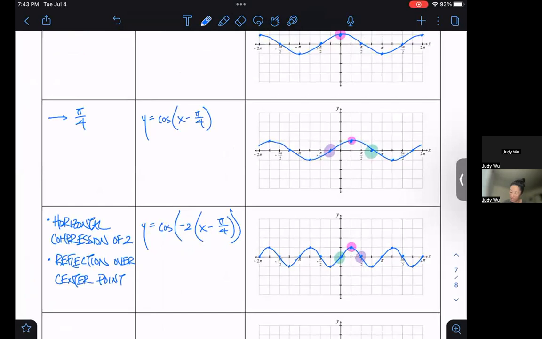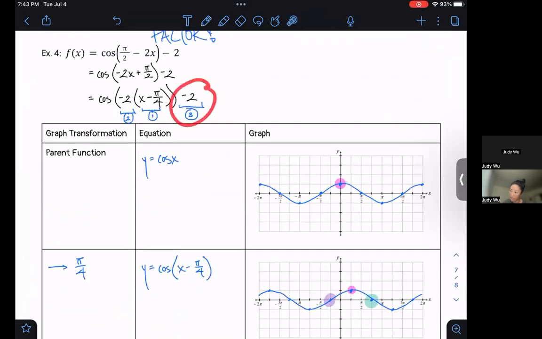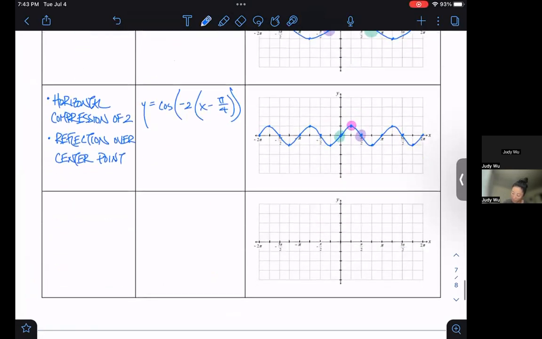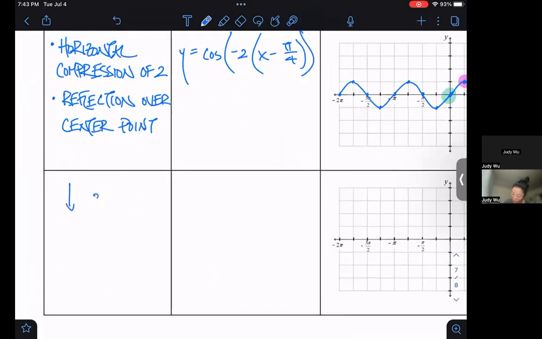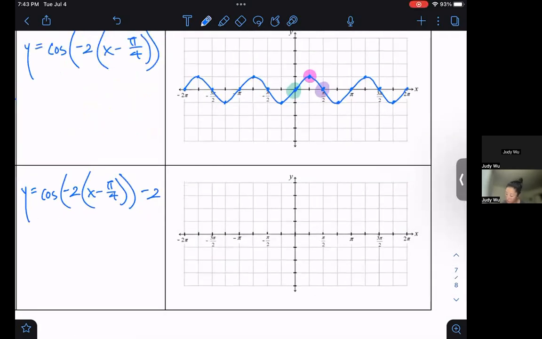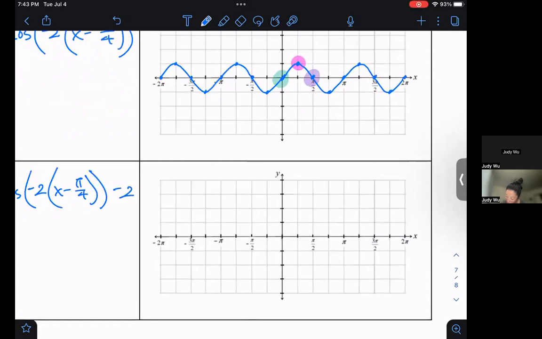All right. Now, last but not least, we got to shift everything down 2. So we're going to shift down 2 and get our whole equation there. And we're going to go ahead and take every single point and move it down 2 units.